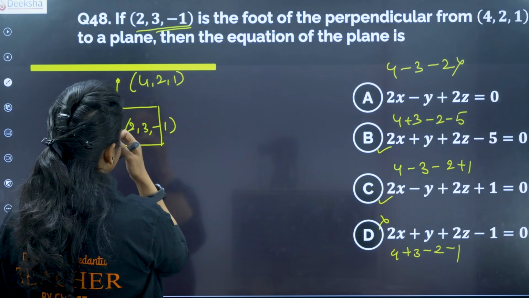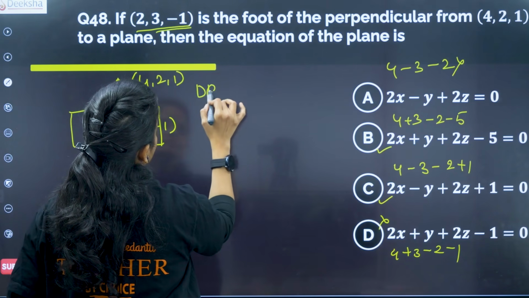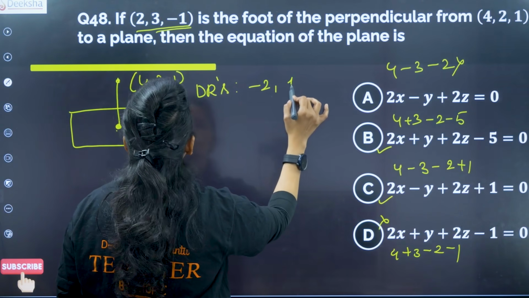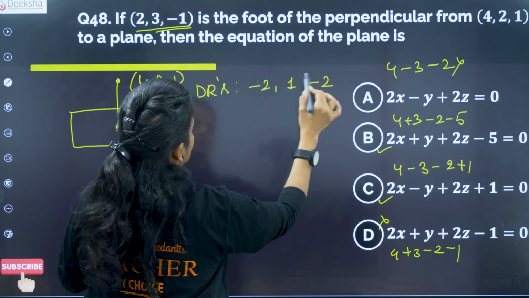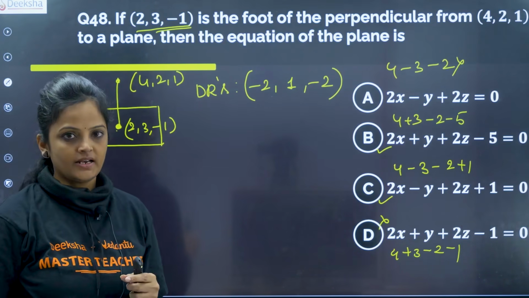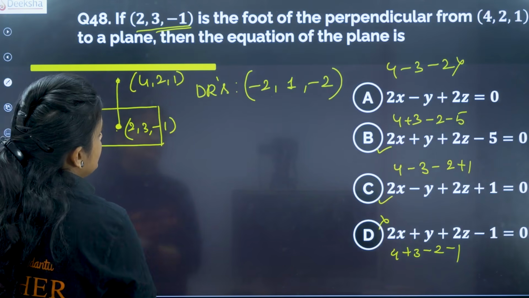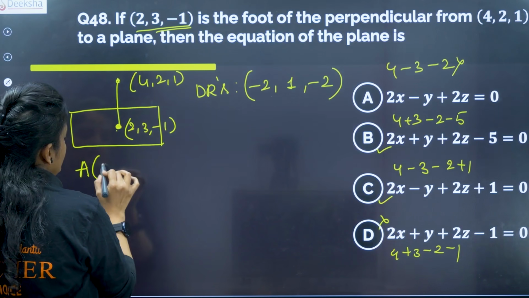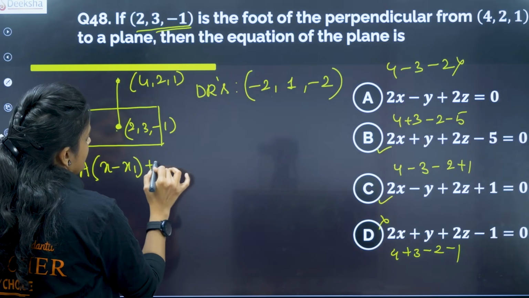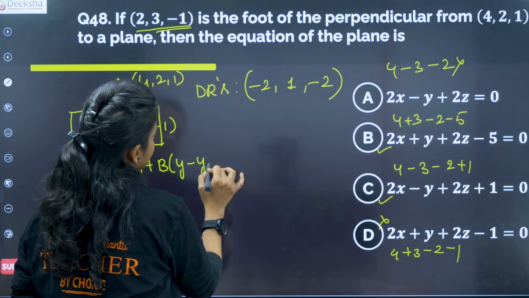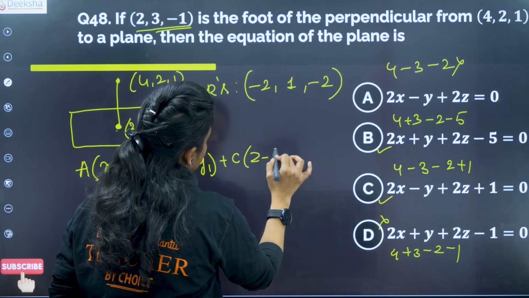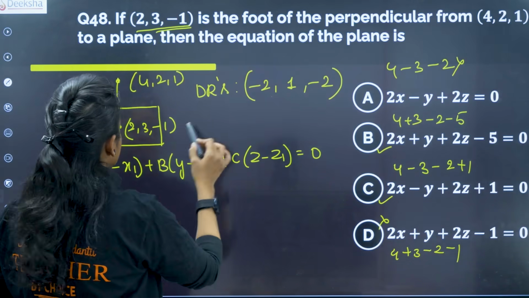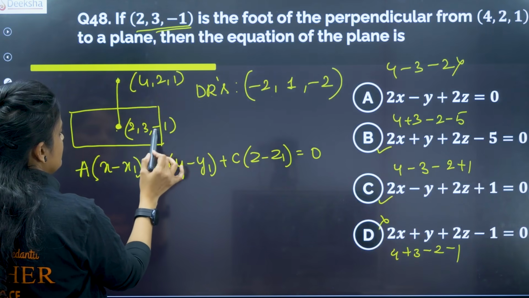So take the direction ratios: minus 2, 1 and minus 2. Correct? Now what should I take? The equation of the plane: a times x minus x1, b times y minus y1, c times z minus z1 equal to 0. Right? Now these points become x1, y1, z1.